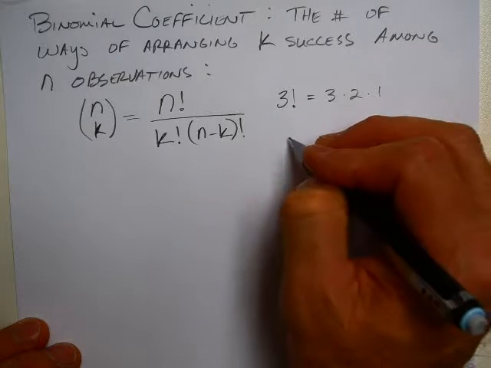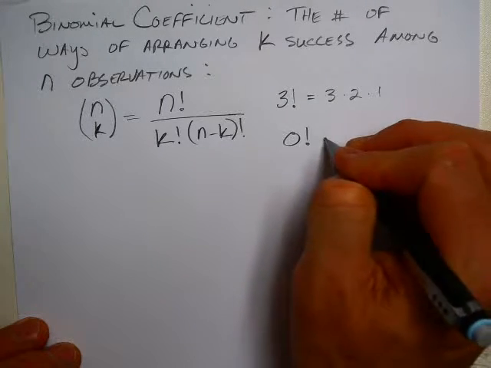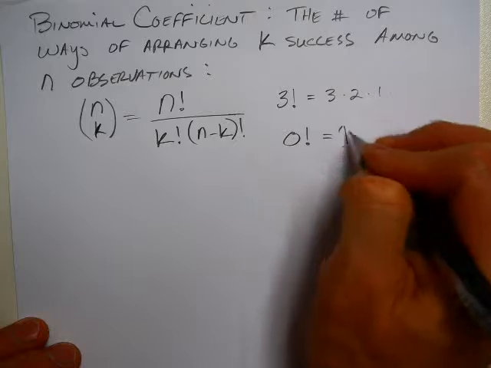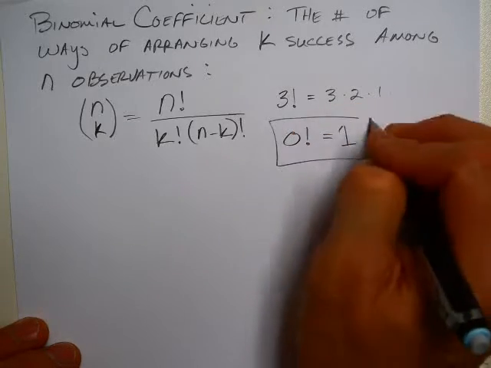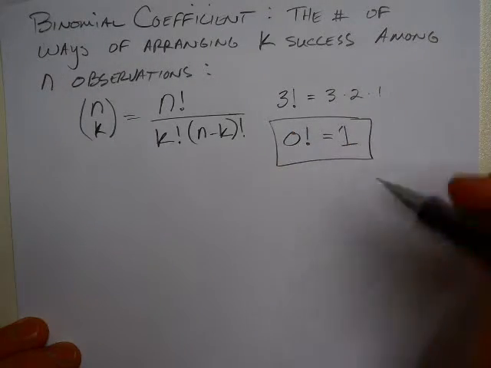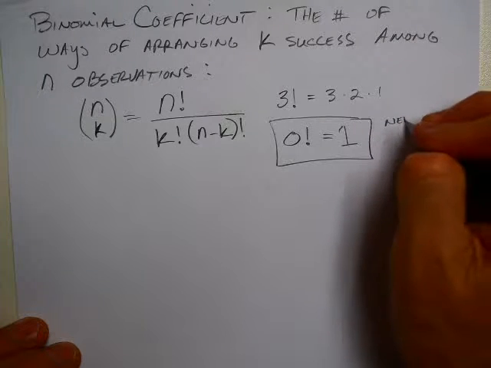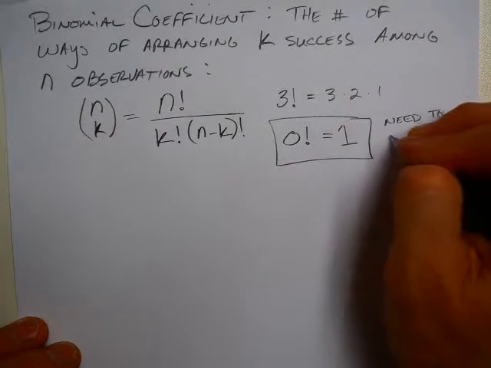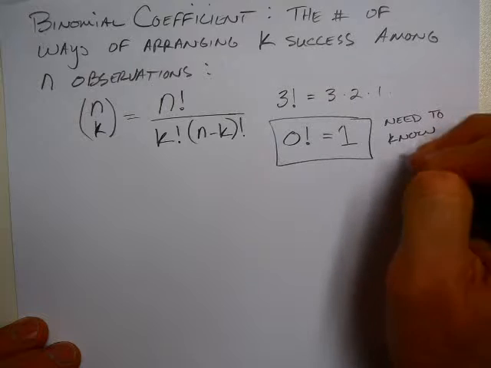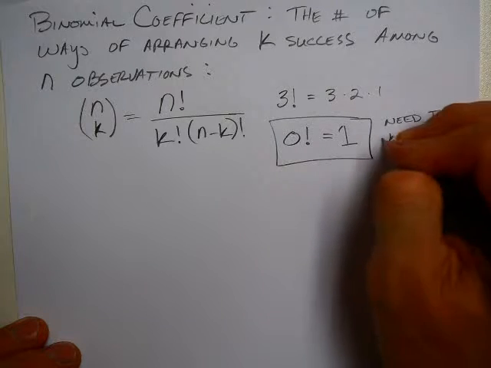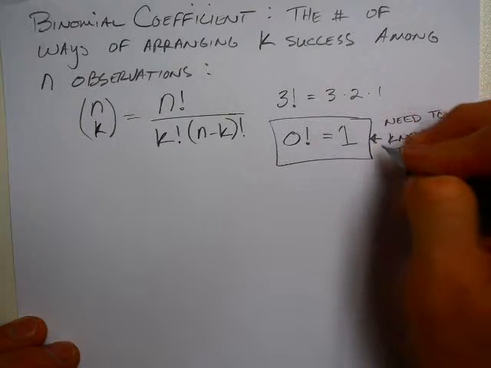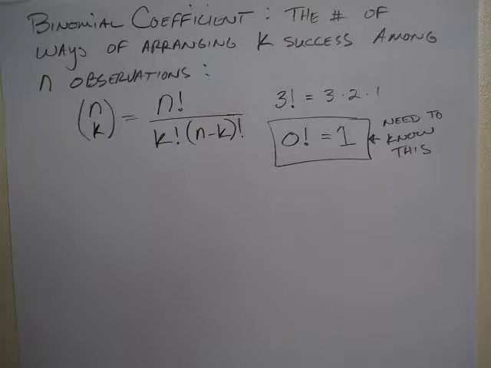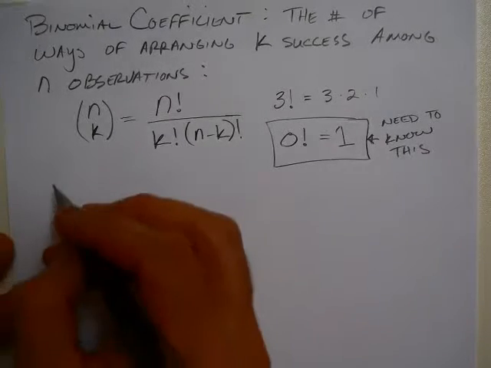You need to know this: 0 factorial is 1. Not entirely sure I know why that's true, but we need to know it.